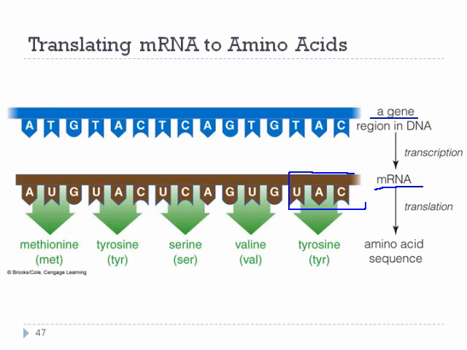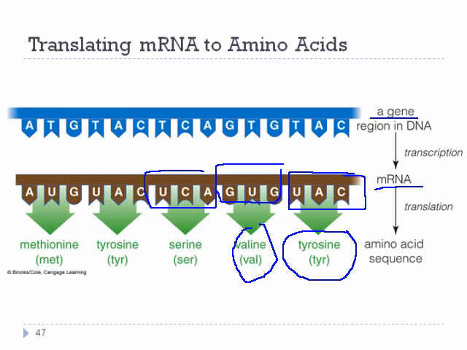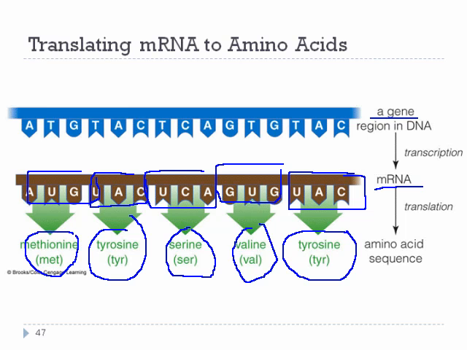And then we take these 3 nucleotides as a single unit. It's called a codon, and it codes for 1 amino acid. These 3 code for this amino acid. These three code for this amino acid.